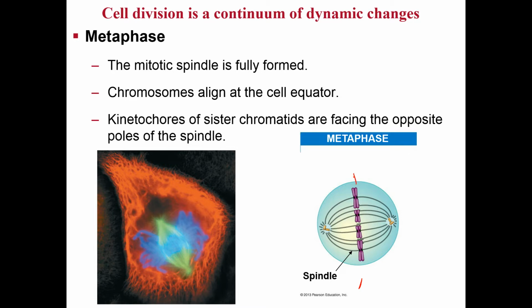You get chromosome 1, 2, 3, 4. And notice that each sister chromatid is facing one pole of the cell. So you have your east and your west, for instance. That sister chromatid is facing this side, and this one's facing that side.